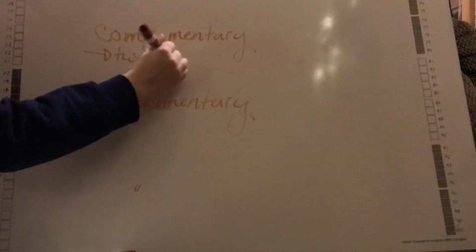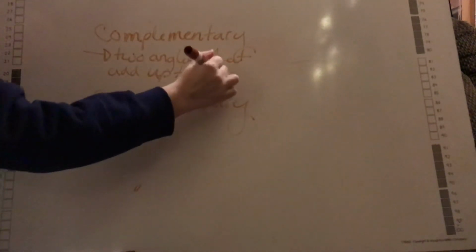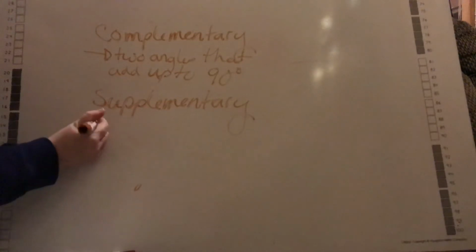Complementary angles are two angles that add up to 90 degrees, or the sum of their measurements is 90 degrees.